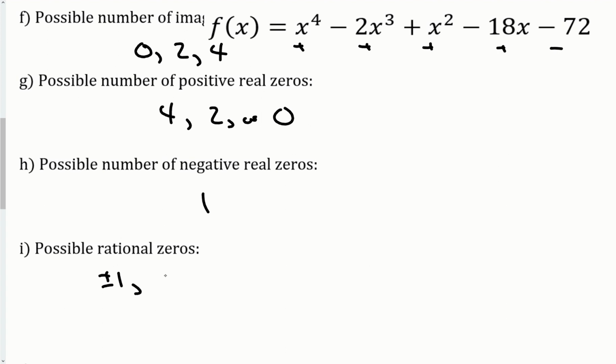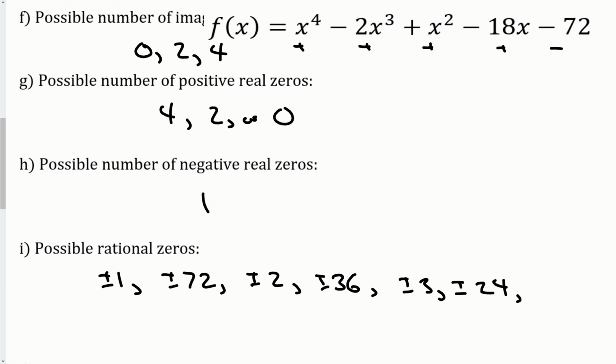So 1, 72, 2, I'm going to do it this way so I don't miss any. 36. 3, 72 divided by 3, 24, 4, 6, and 12, 8, and 9.